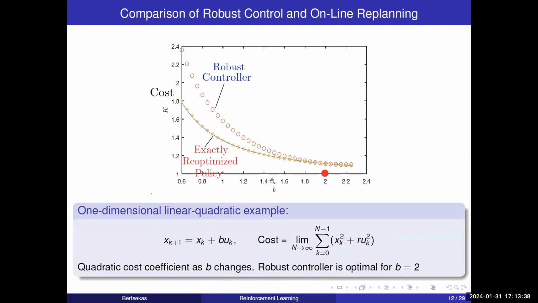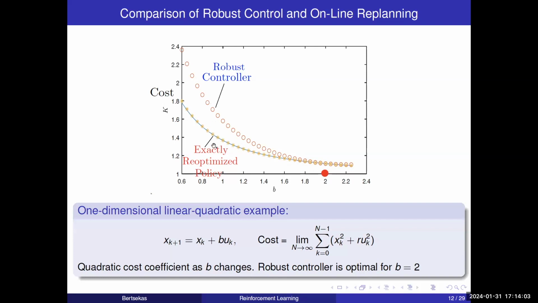As B changes, its performance, as measured by the corresponding cost coefficient K of the controller, is this. The exactly re-optimized policy is better. This corresponds to the fixed controller for B equals 2.